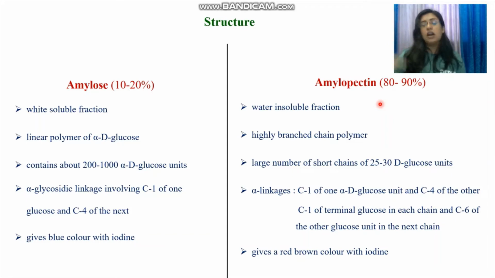Between two chains, an alpha 1,6 linkage will be formed, which will be seen in the next slide. And also the difference is, when you treat with iodine water, it was the amylose part that gave rise to the blue color, whereas amylopectin would give rise to a reddish brown color if you treat with iodine water.